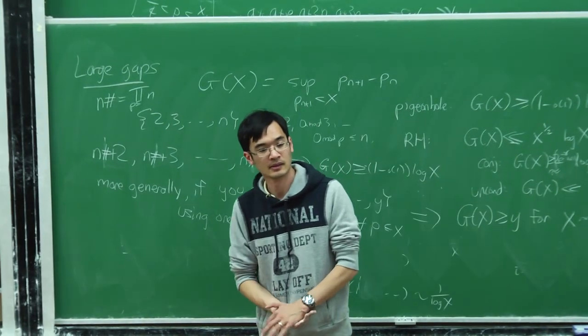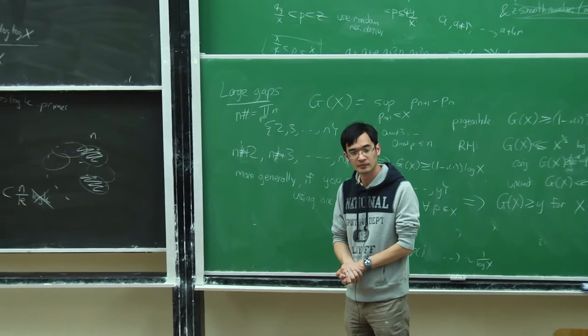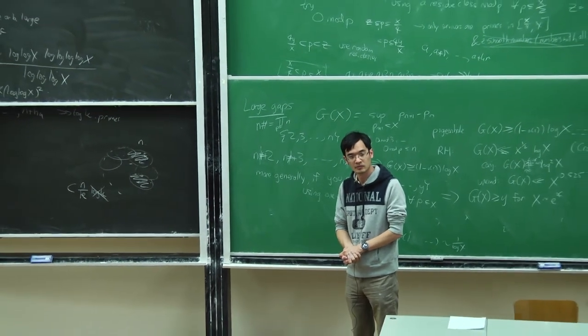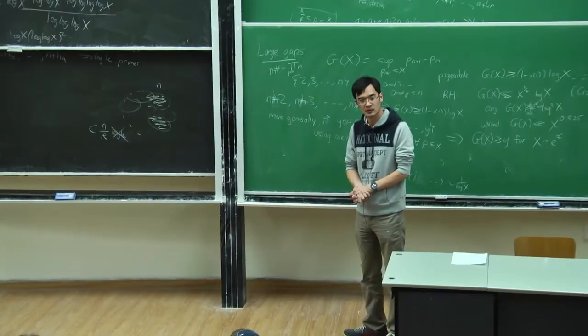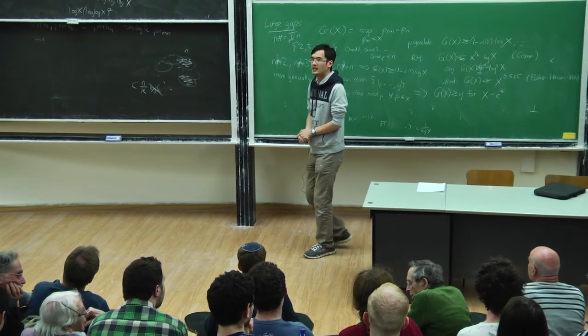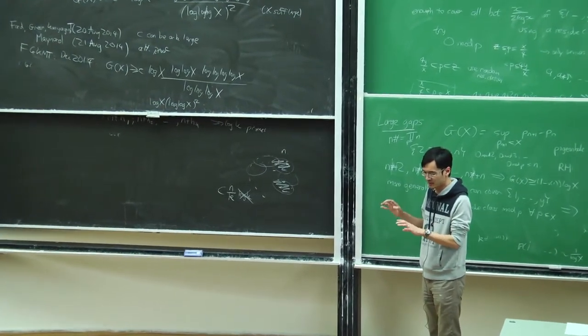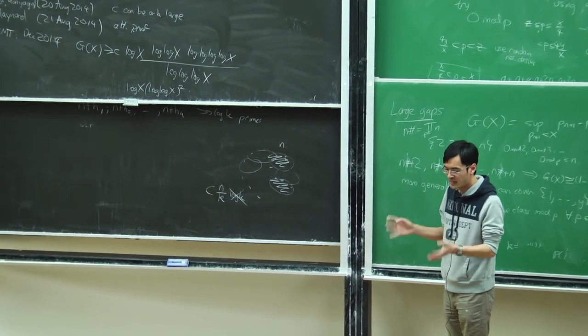Yes? In the hypergraph covering case, what's the advantage of shooting the sets randomly over just shooting one set and then taking all the sets that don't intersect it next time? It's a bit technical. It's because it's hard to understand the remaining sets.